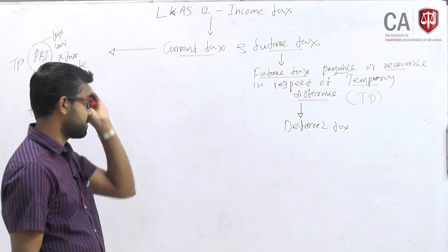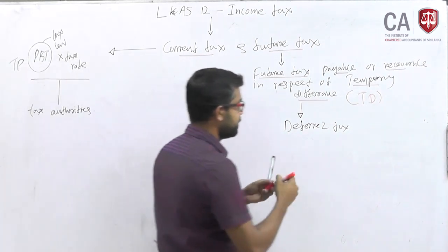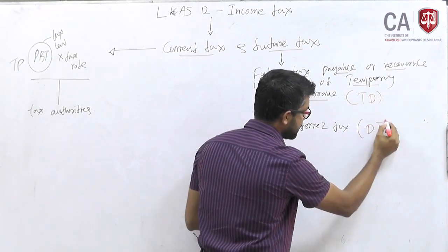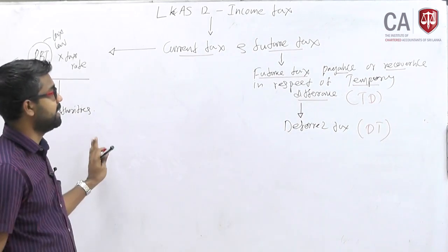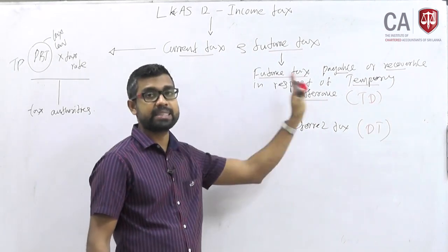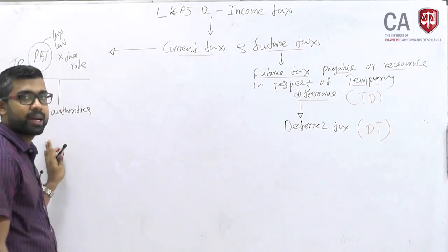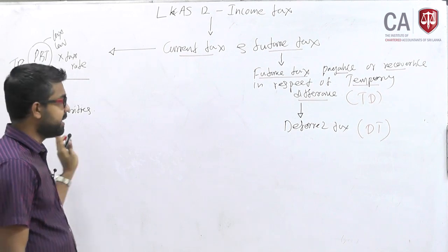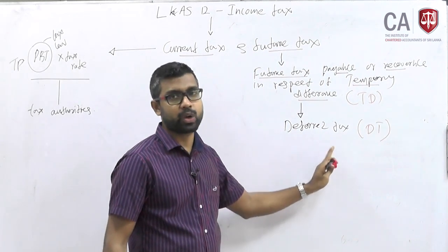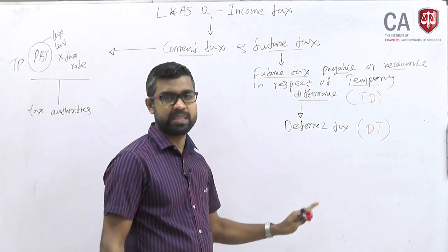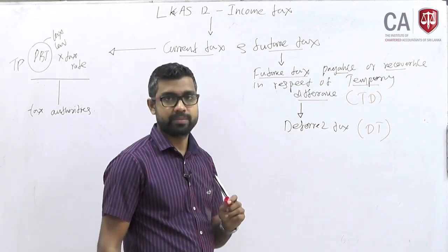Deferred tax, DT we call it. But your syllabus is not talking about deferred tax in detail. But they are talking about what? Current tax. But it is important to understand the concept behind deferred tax also, since they have touched this word.